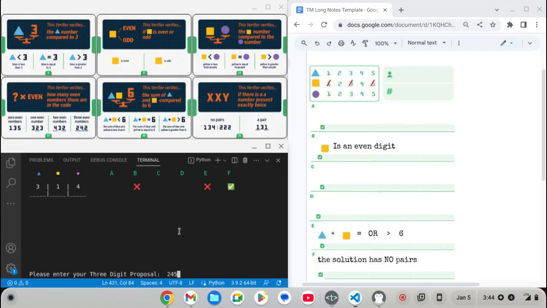Let's see what happens. Just to make sure, that middle digit is even. I'm proposing that perhaps the sum is equal to 6, and 2, 4, 5 has no pairs. So let's go ahead and test criteria card D.